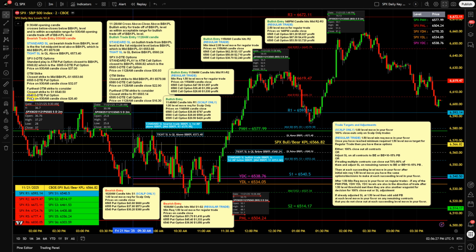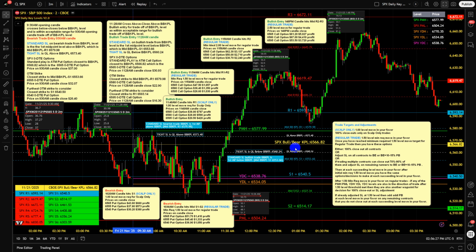That would be the 65.40 put option. So the price on the first out of the money strike, 65.55, is 32.07 on the candle close, and the price on the candle close for the 65.40 furthest out of the money you can consider is 26.40.